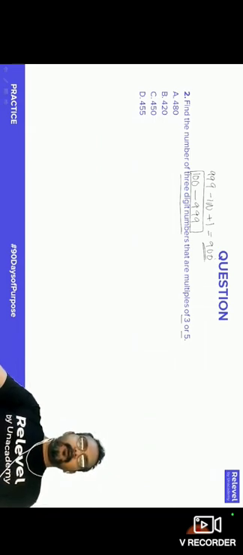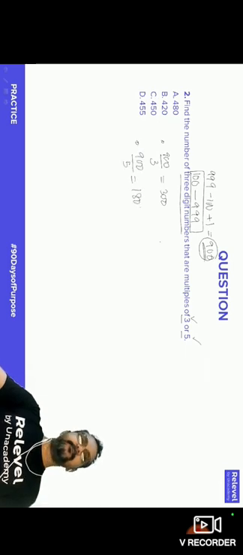Now the quick way out of this is, since 900 is divisible by 3 and also by 5, we can simply say the number of multiples of 3 is 900 divided by 3, which is 300 numbers. Multiples of 5 is simply 900 by 5, so 180 numbers. And 15, which is common to both, because 15 is the LCM of 3 and 5.